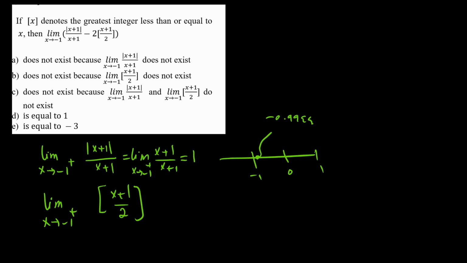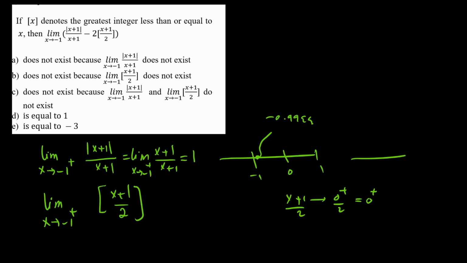just 1. Now, if you look at the greatest integer of x plus 1 over 2, for numbers such as minus 0.9999 plus 1, that is going to be 0 positive. So x plus 1 will go to a 0 positive. And if you divide this by 2, that will still be 0 positive.